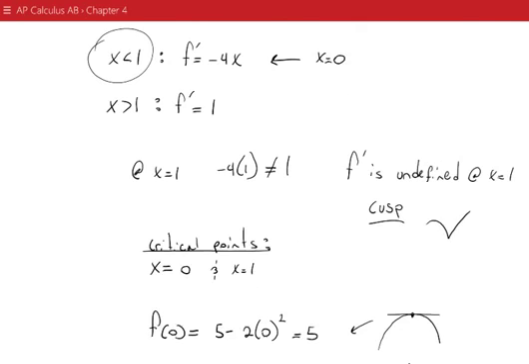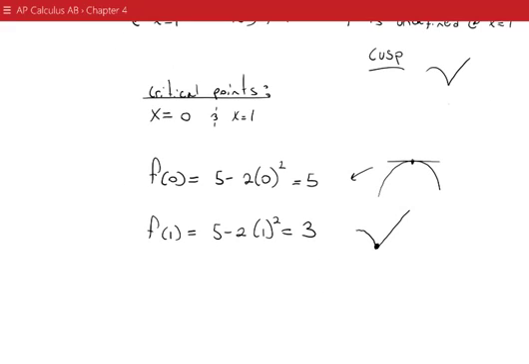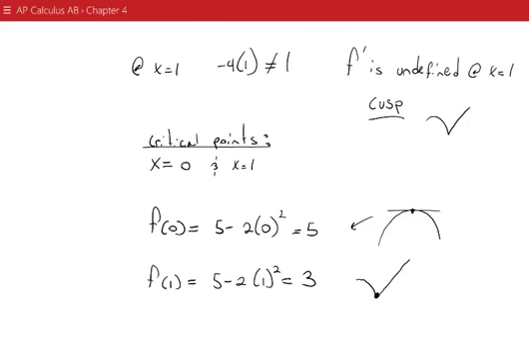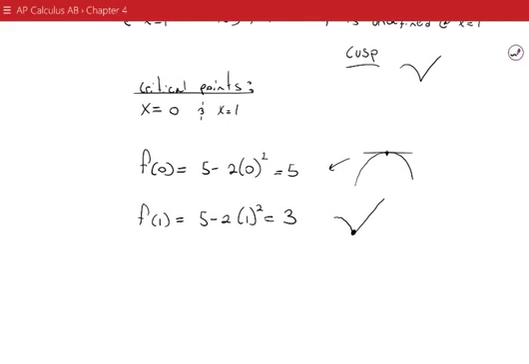And these are going to be local since we don't have an absolute largest or smallest value. This function is defined over an infinite domain, and if we graph it, we'll see the function looks like this.